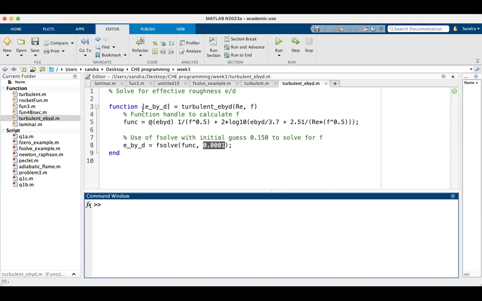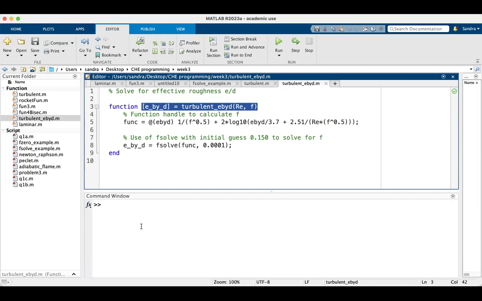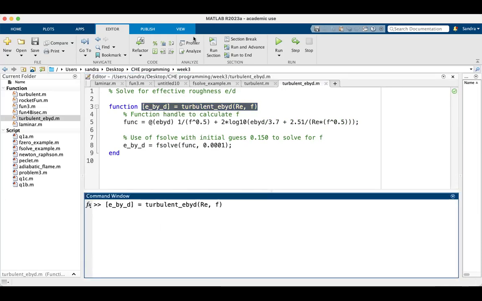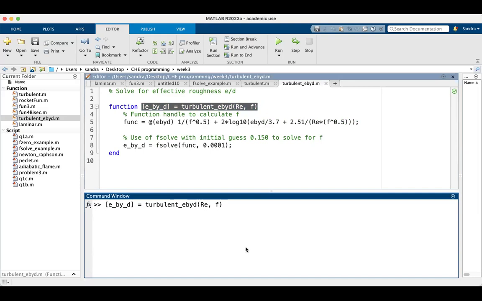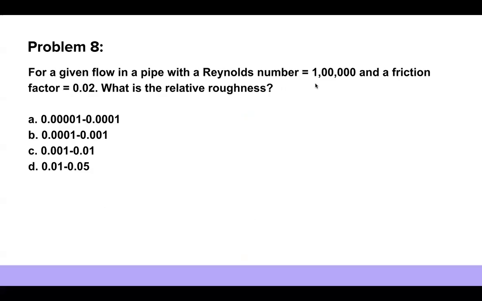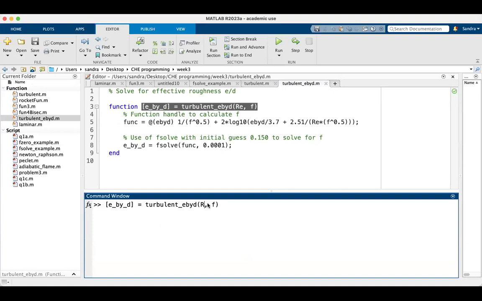Now, how do we run this? What you have to do is just copy this here. And what is the Reynolds number? Reynolds number is 1 lakh and friction factor 0.02. So you just give the Reynolds number equal to 100,000 and friction factor 0.02.